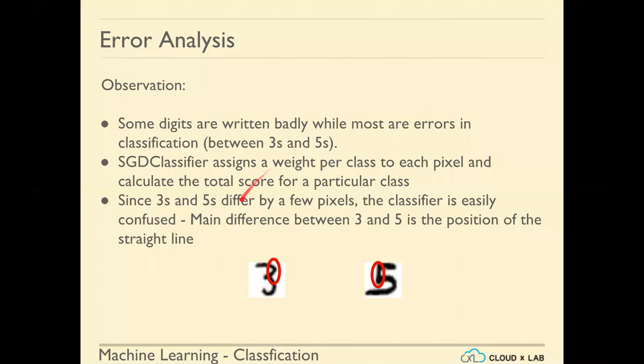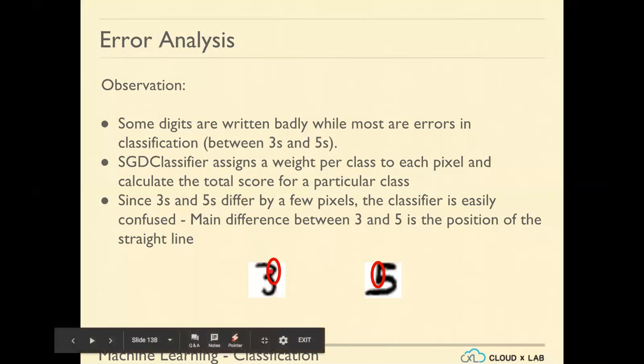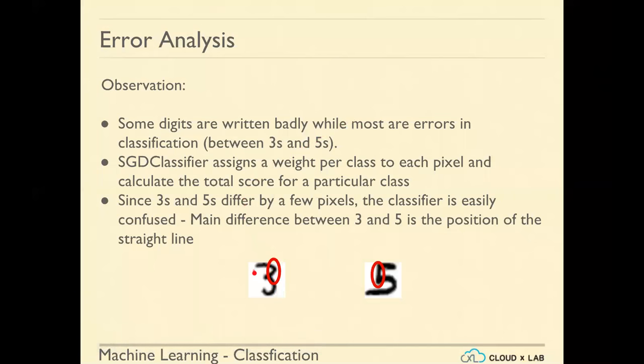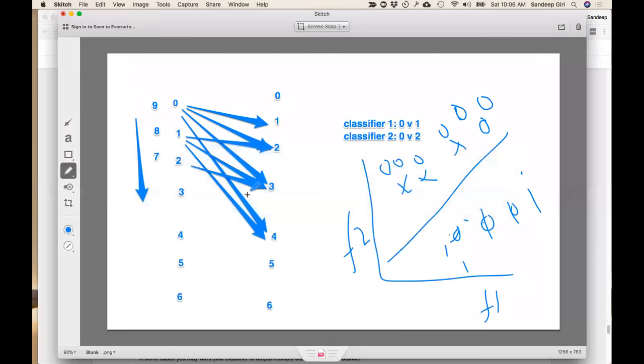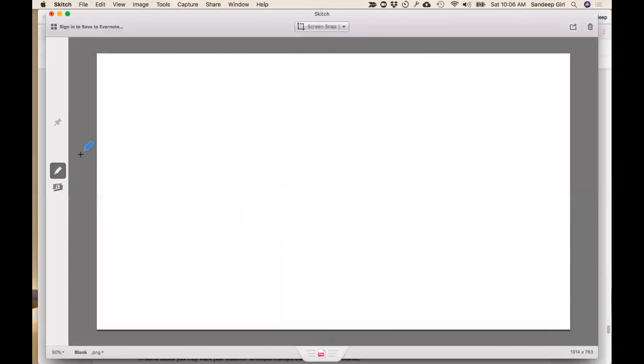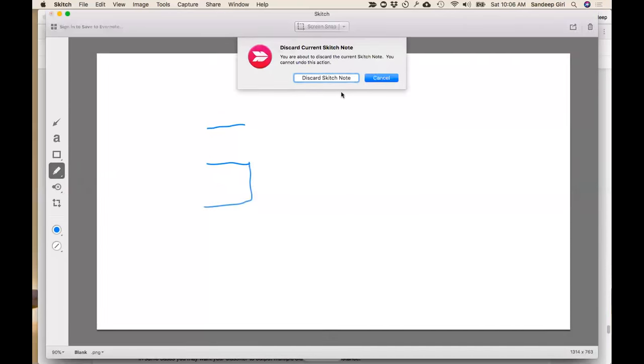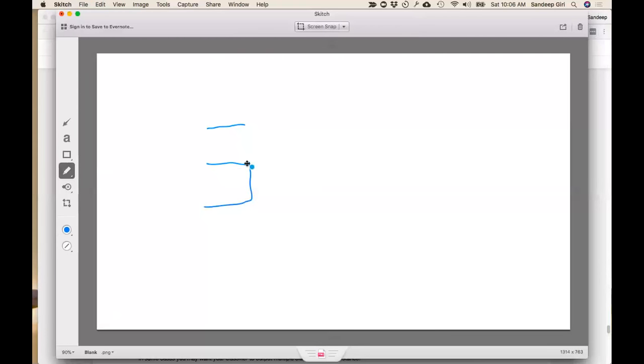Basically, there's only one line difference between this block and this one, right? So if you try to draw, say, 3 and draw it like this, if I draw a line here, it becomes 5.